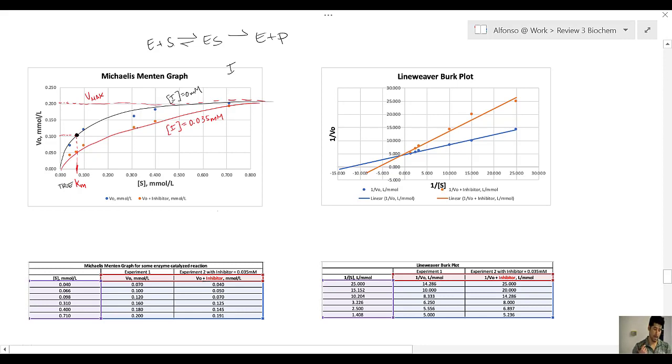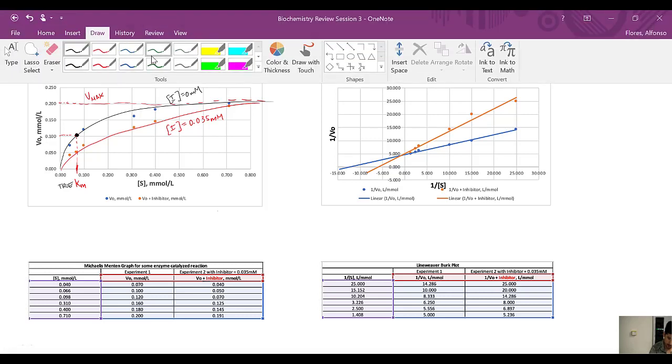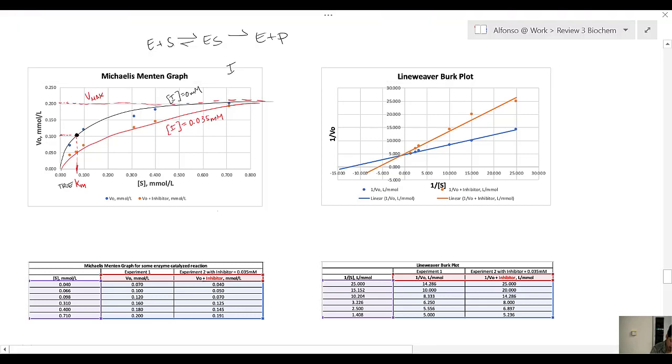But if we look at the orange dots on this graph, what is the substrate concentration that was necessary for us to achieve 1/2 of the Vmax? So here's the Vmax, and then we find half of the Vmax, and I'm going to do it in green. I'm going to go from half of the Vmax to the line, and this substrate concentration is your apparent Km.